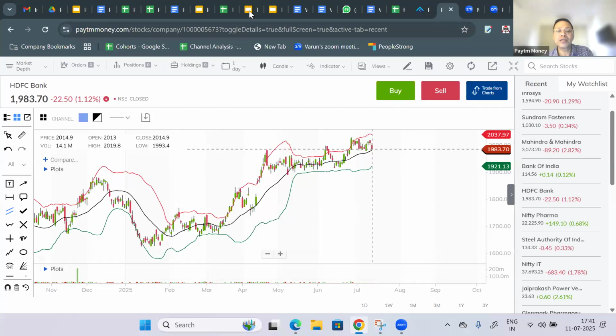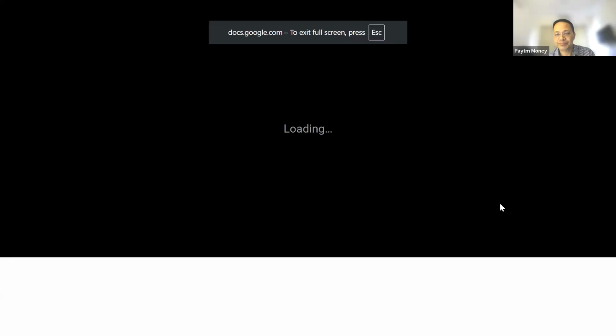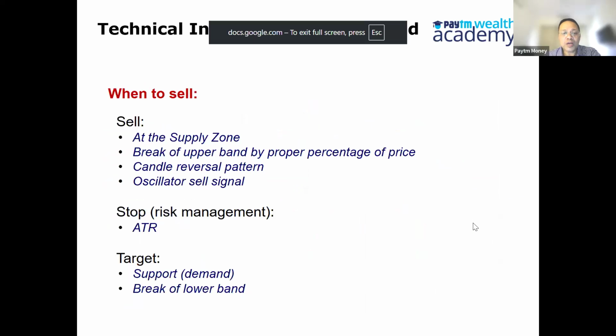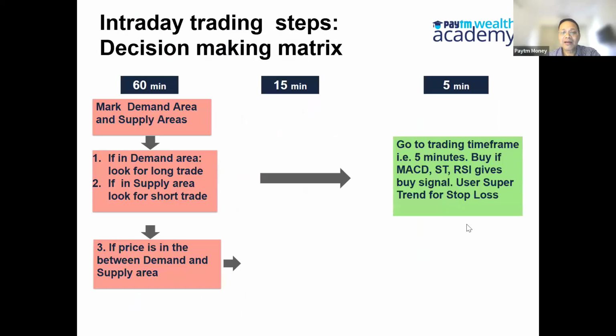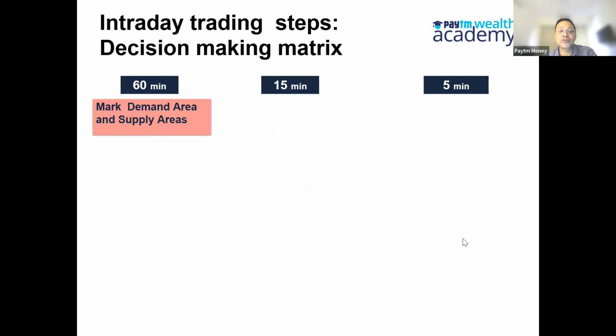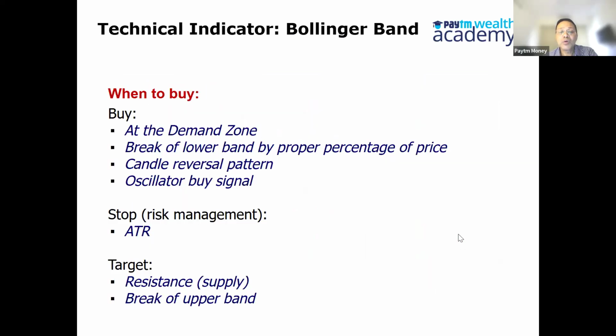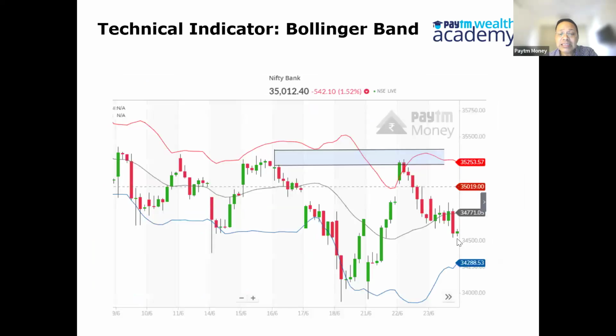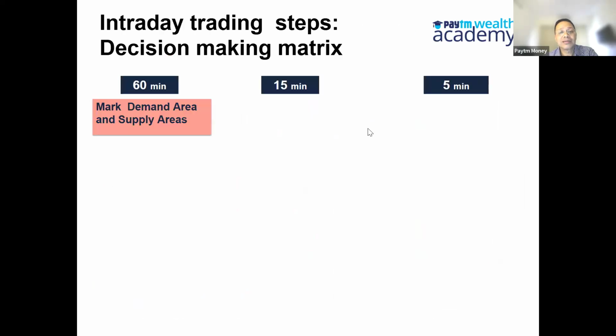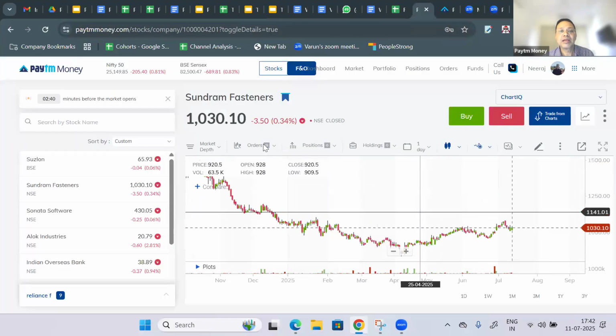The second important concept we are going to use is, along with the zone, we might use another indicator, which could be RSI, or MACD, moving average convergence divergence. Let's talk about that very quickly.